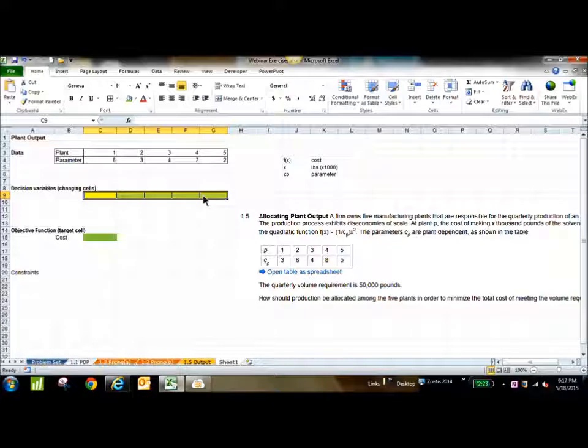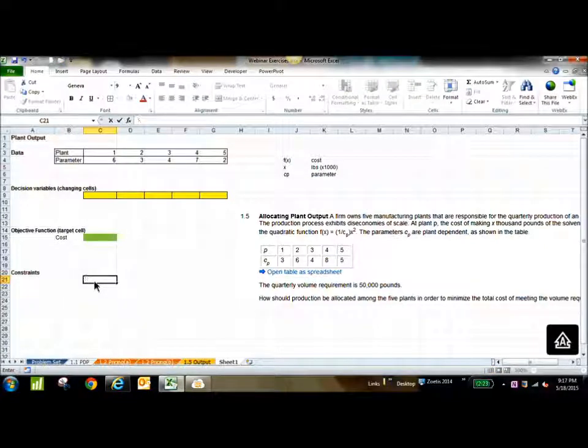What is my constraint in this case? I have one constraint. The quarterly volume requirement is 50,000 pounds, meaning that I can easily write this. Again, left-hand side, I have the equal symbol. That is the symbol that I'm using, because they're saying here the quarterly volume requirement is 50,000.